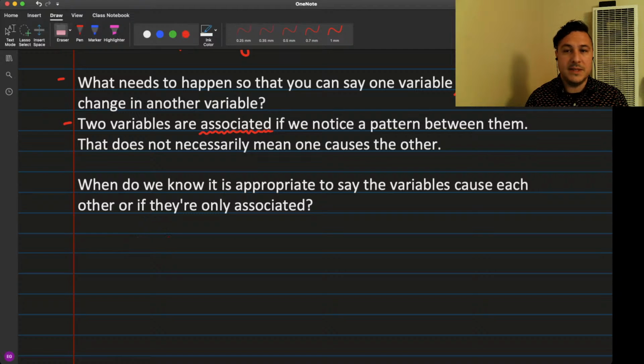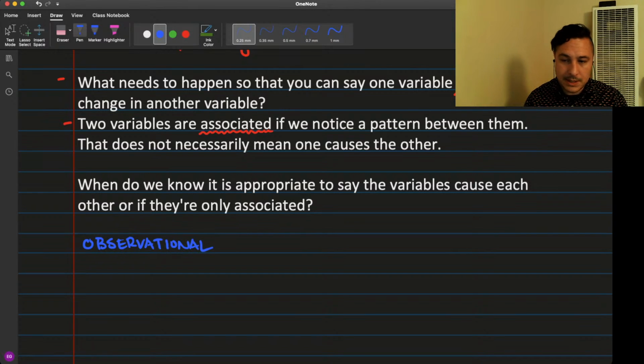So if someone talks about an observational study, that means that the way they collected the information means that you can only talk about association. And we'll talk about how that works.